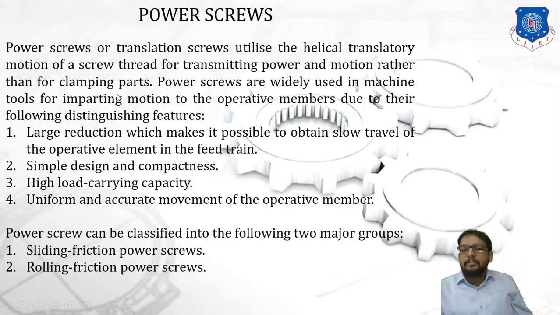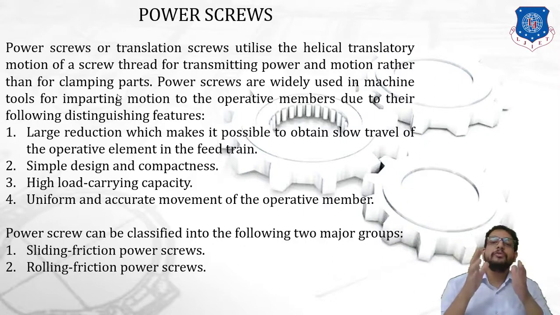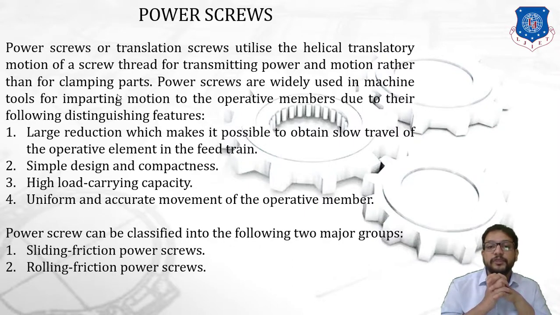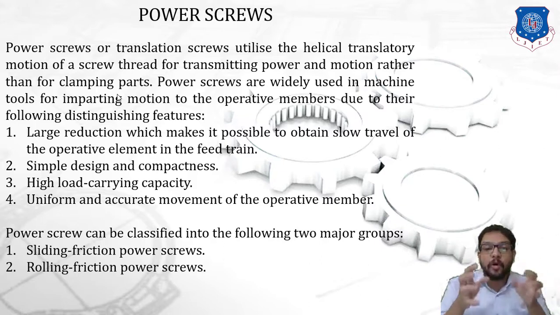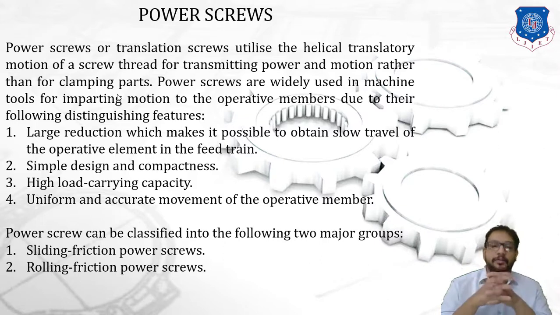Power screws, we know, are widely used in machine tools for imparting motion to the operative member due to their following distinguishing features. So what are the features of the power screw for which we use it? First is large reduction, which makes it possible to obtain a slow travel of the operative member or operative element in a feed train.